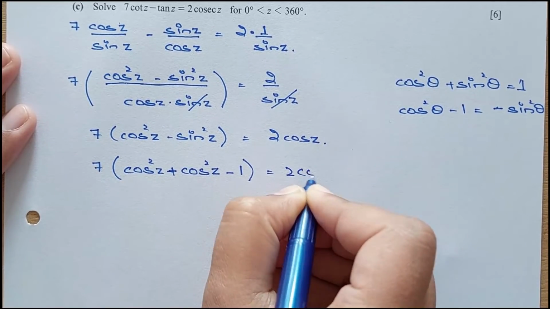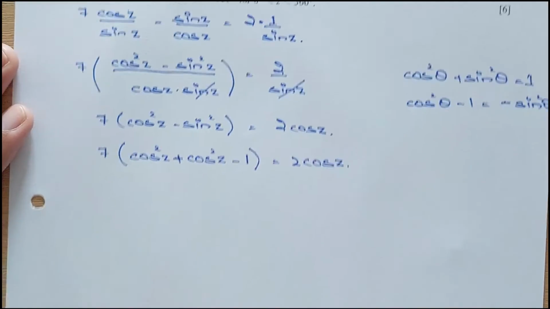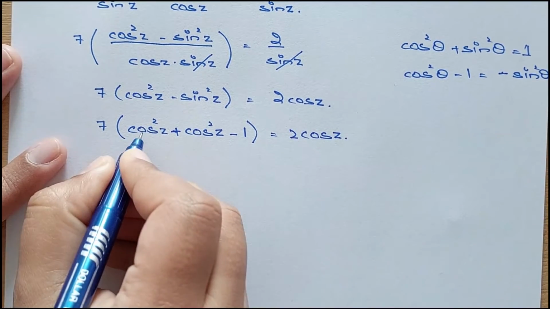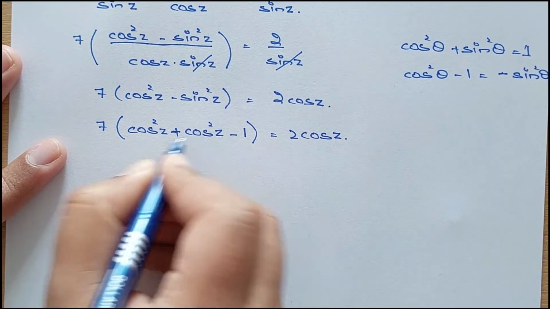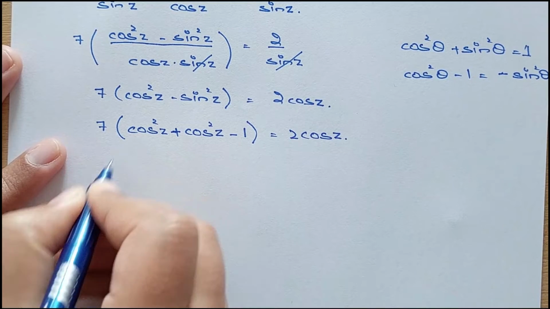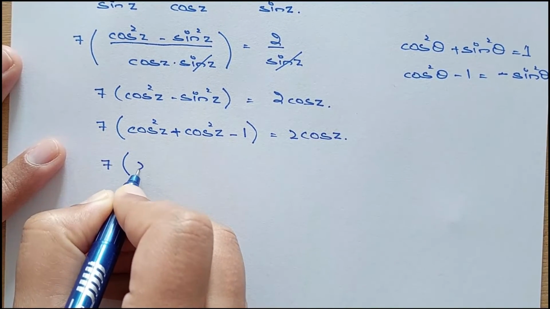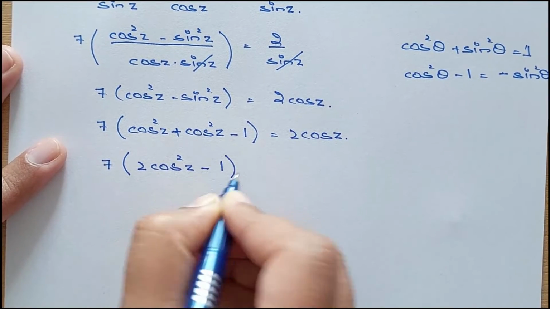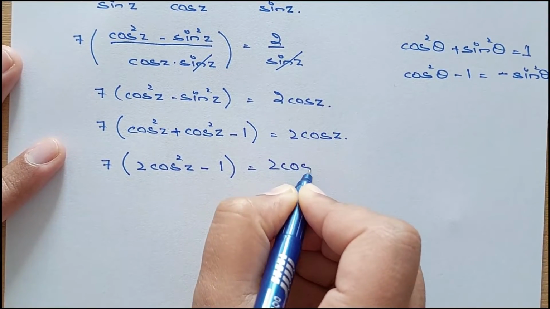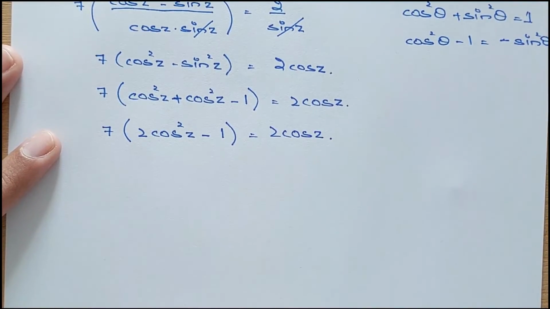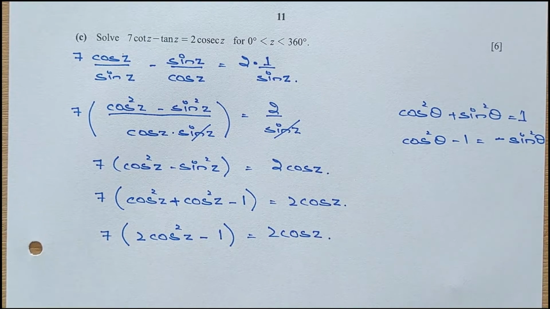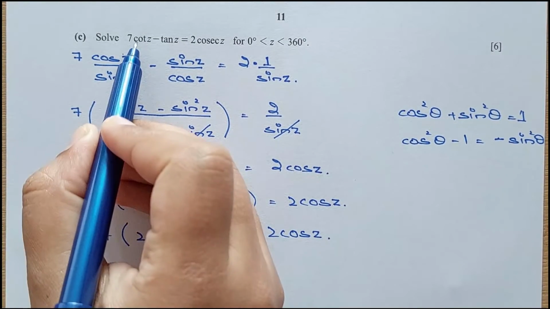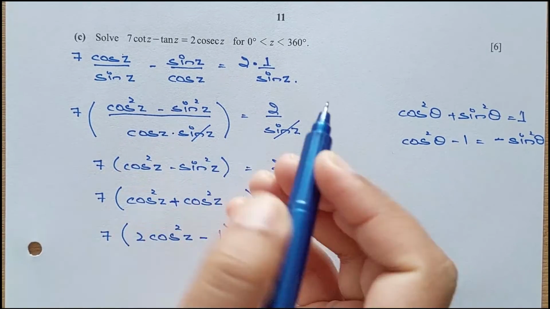So minus sin square z is cos square z minus 1, equals 2 cos z, right? Sorry, I made a mistake here. 7 is just multiplying with cot z, not with the whole bracket.